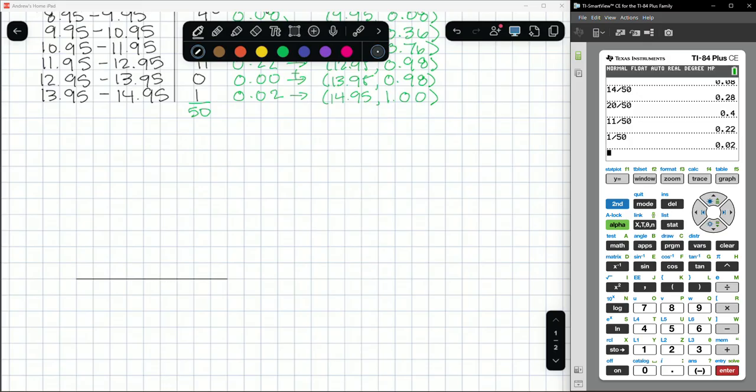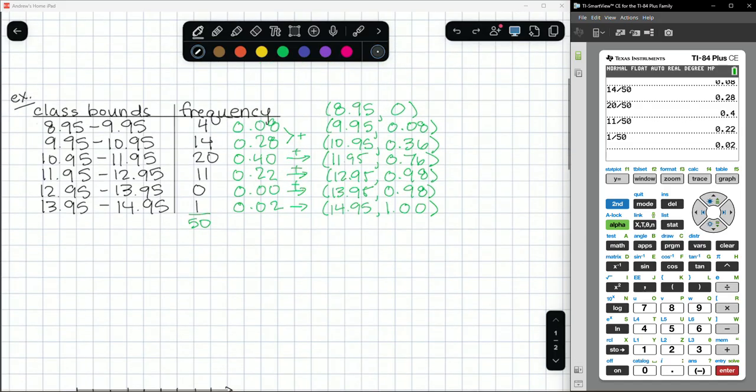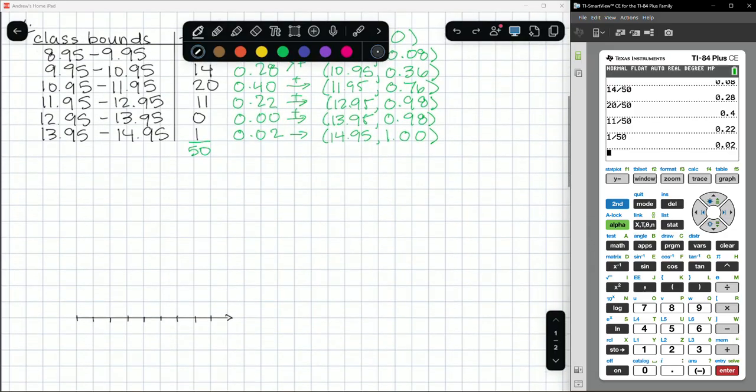I'm going to go out one more just in case. And then on the vertical axis, I need to go from 0 to 1. So 0.1, 0.2, 0.3, 0.4, 0.5, 0.6, 0.7, 0.8, 0.9, 1.0.